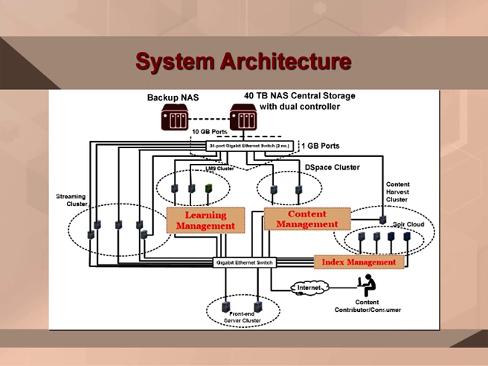This will manage the index part, so that the content can be searched and browsed. This will manage the content, actually bringing it from the store. This will manage the learning system, so that the content can be related to learning, and separate streaming servers will stream that. So, this could be a very typical architecture of a digital library, which can support the services that we have talked of earlier.